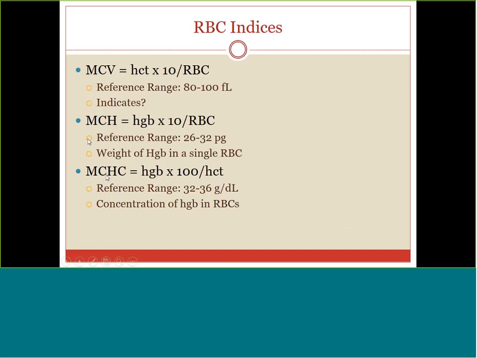And then MCHC is giving us the concentration of hemoglobin. And so these are the terms: hypochromic if it's less than 32, normochromic if it's between that reference range, and hyperchromic if it's greater than 36. Now, a word of caution, when it's hyperchromic, greater than 36, it should go along with spherocytes. Spherocytes are one of the only true things that can cause a high MCHC.